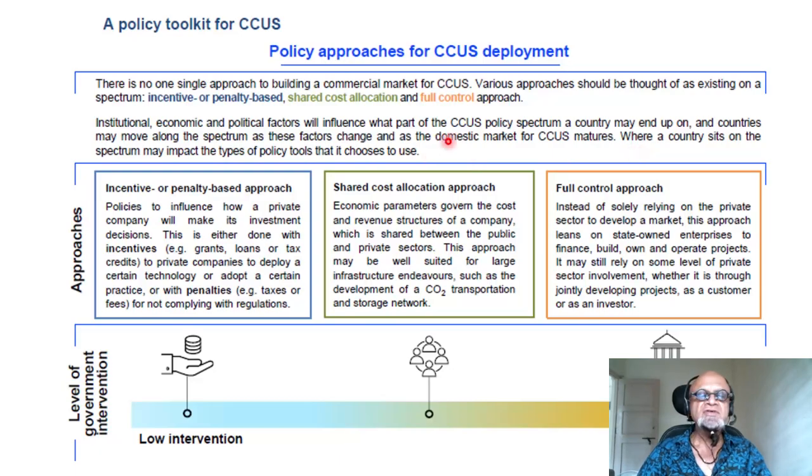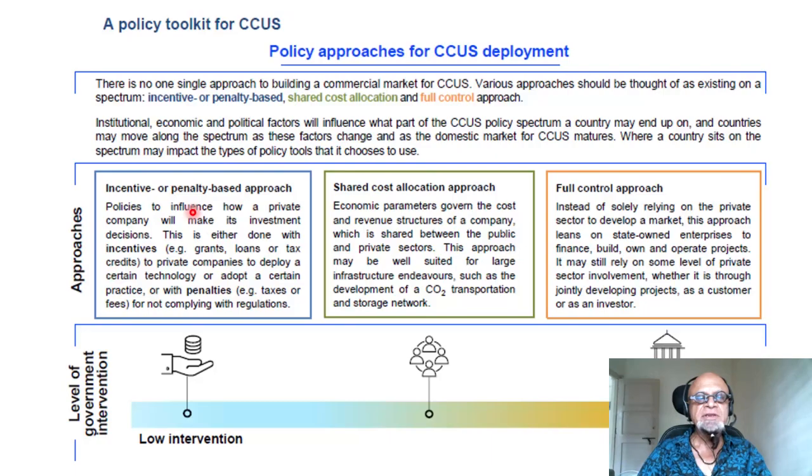Where a country sits on the spectrum may impact the types of policy tools that it chooses to use. So here are the approaches. You have low intervention, and then depends on how cost is shared, and then you have high intervention or strict regulatory requirements for the market.